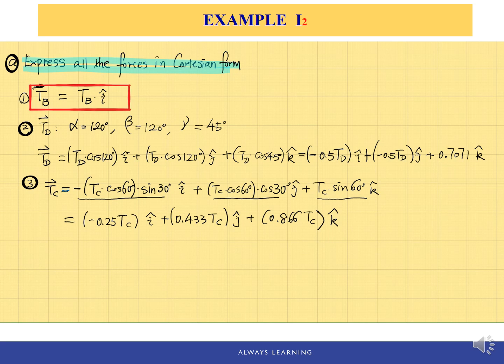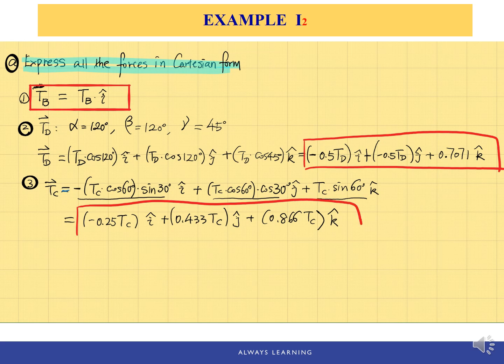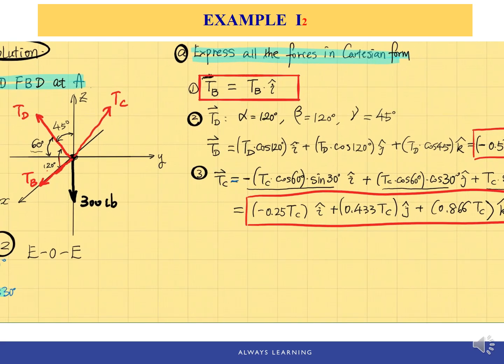There's nothing to be simplified. And now after I calculate the cosine angles, here is the TD and the TC as well. Here's the TC. And do not forget, we do have a force applied at particle A, which is this known force, 300-pound force. So all of the forces applied to this particle sum up to 0, so don't forget the known force.